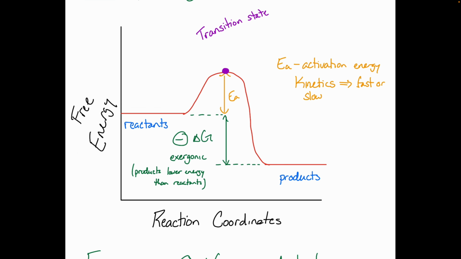All right, your transition state is when you have your half-broken, half-formed chemical bonds. Right, so it's that point right in the middle where your old bonds are breaking and your new bonds are trying to form. All right, that's what we call our transition state. It is the highest energy state in our little diagram here.